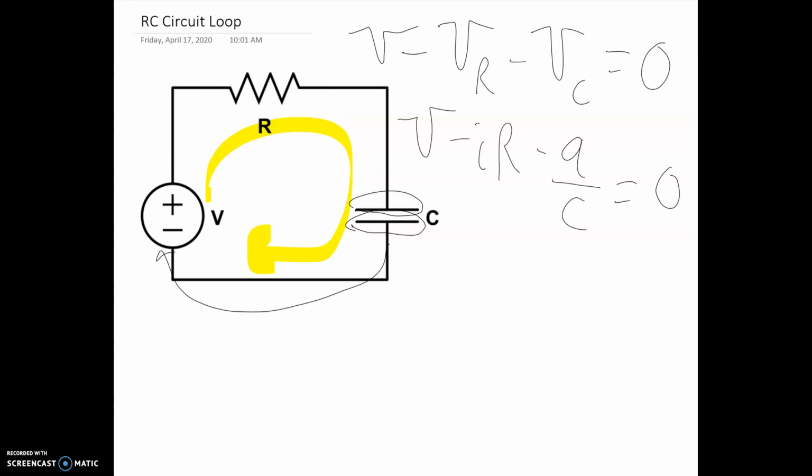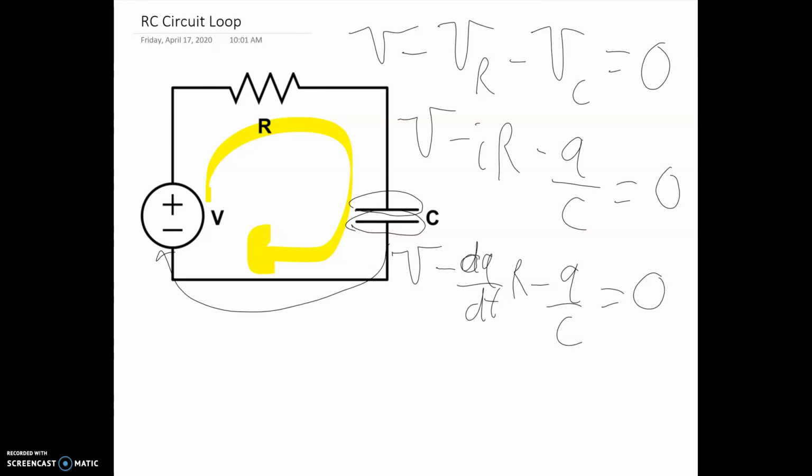And then usually what we end up doing when you derive stuff is saying V minus dQ/dt times R minus Q over C equals 0. And then there's a bunch of stuff to do.